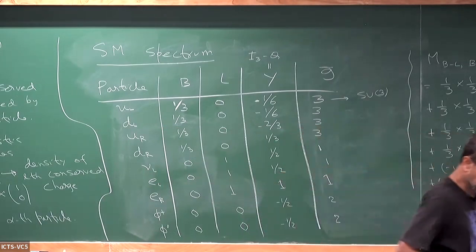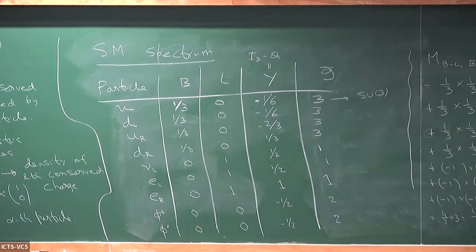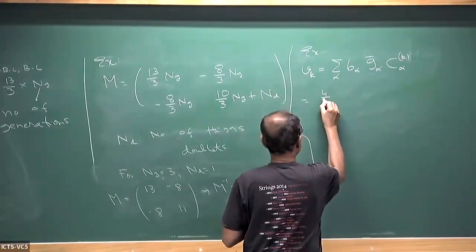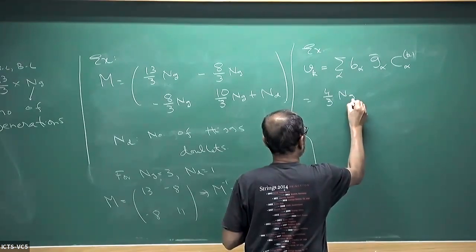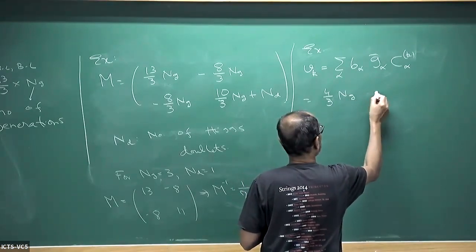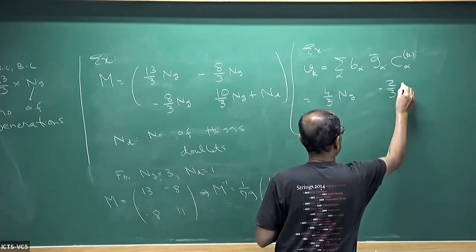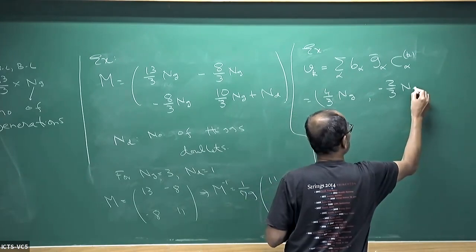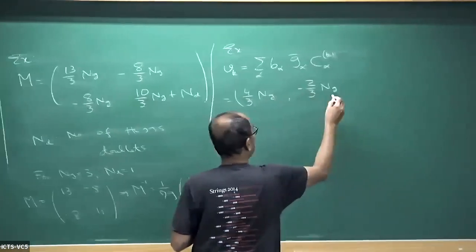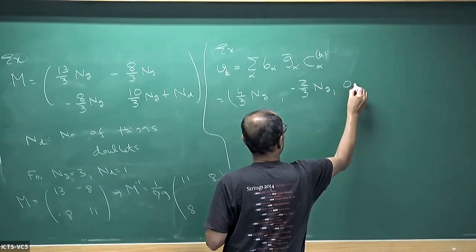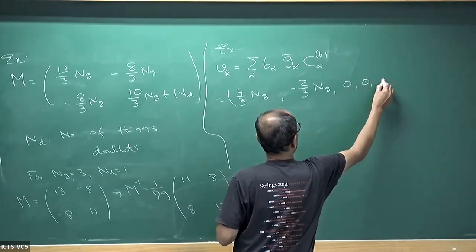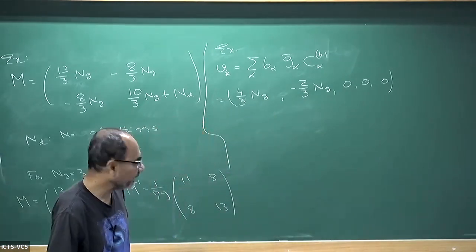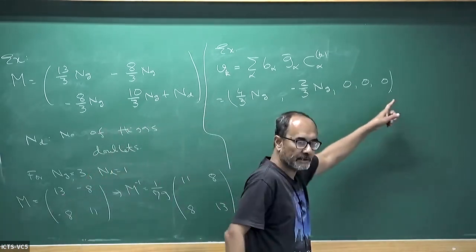So the result is 4/3 Ng and minus 2/3 Ng. And I should say the others are 0. This we had already argued, that these will all be zeros.